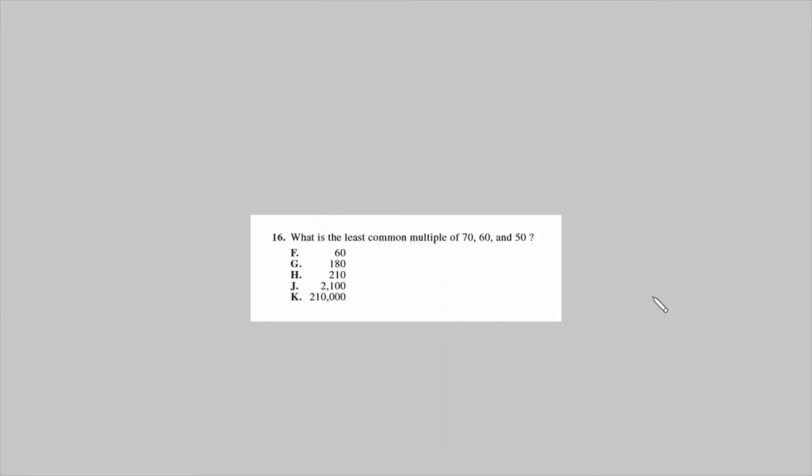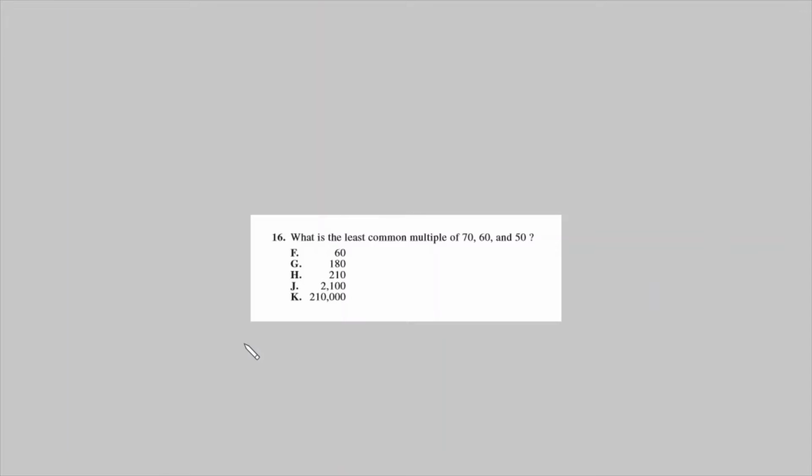And this can be incredibly helpful in a lot of situations. Let's look at a least common multiple question in order to show this. What is the least common multiple of 70, 60, and 50? When we're solving least common multiple questions in school, typically we will write out all of the multiples for the numbers that we're trying to compare.